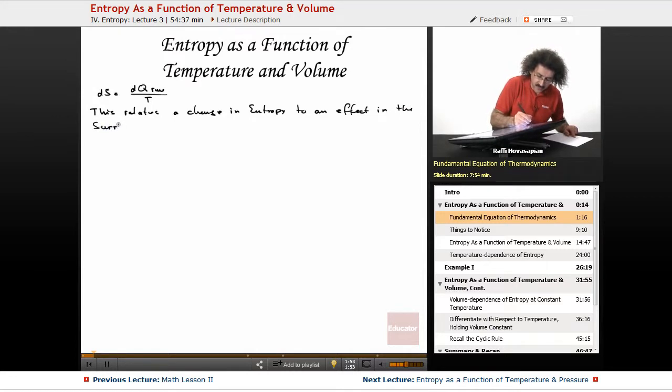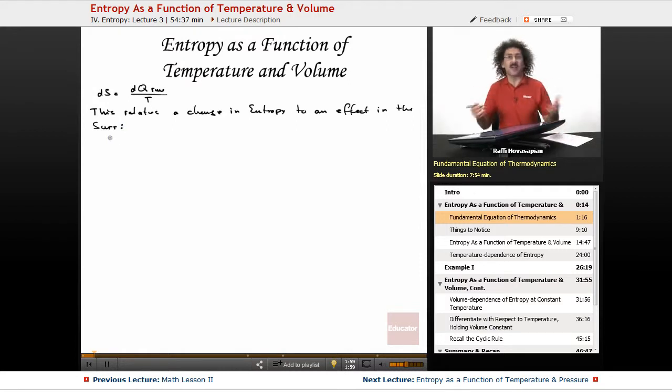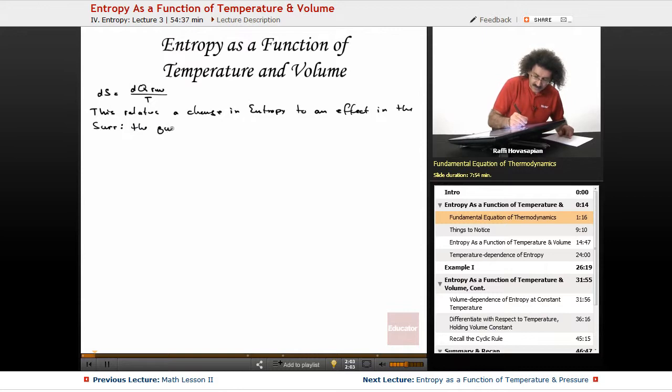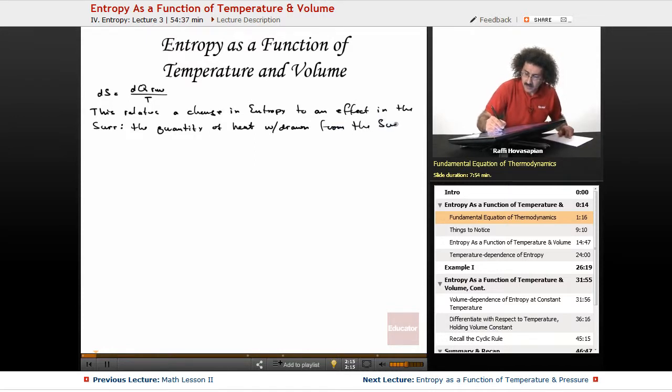Again, it's just a question of perspective. Basically, the quantity of heat withdrawn from the surroundings divided by the temperature. That's it. That's all it is. It relates it to an effect in the surroundings.